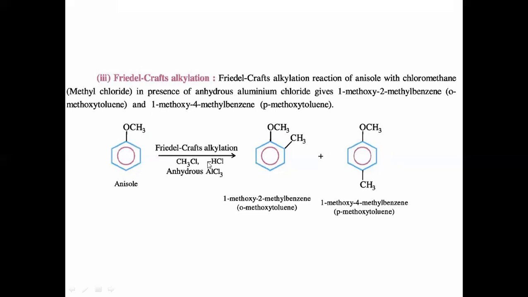So anisole in the presence of CH3Cl and AlCl3. And what happens over here? CH3 is attached over here in the ortho position and the para position. So it forms 1-methoxy-2-methylbenzene. And over here, 1-methoxy-4-methylbenzene. As you know, methoxy has higher priority than the methyl group.